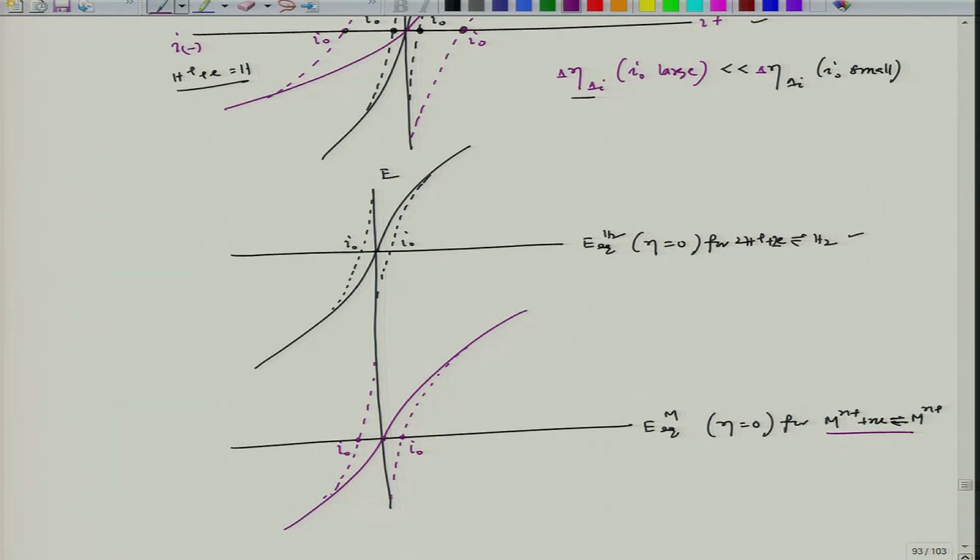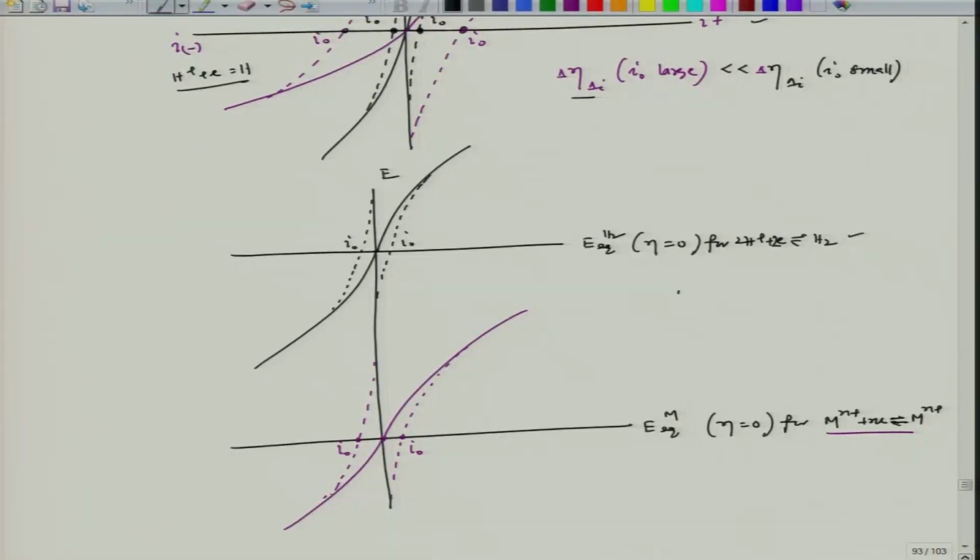Now, in the case of the Evans diagram, what we have noticed is we have to reach a situation where I could have a mixed potential. That means I should reach E equal to E mix, which is nothing but E corr, and at that time I A metal equal to I C hydrogen. So, this condition is to be met.